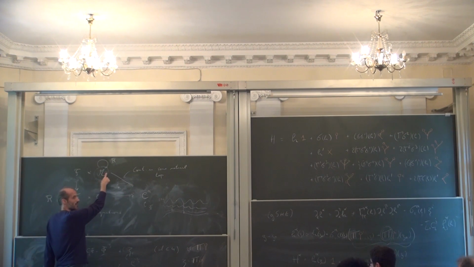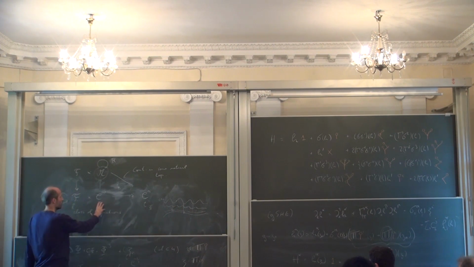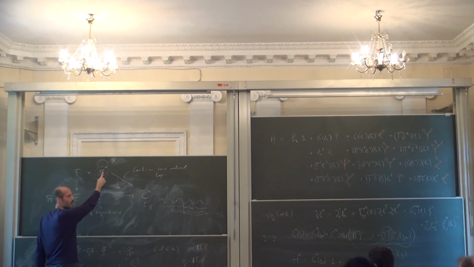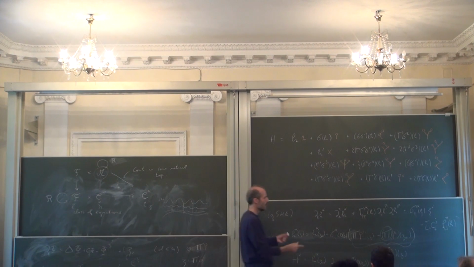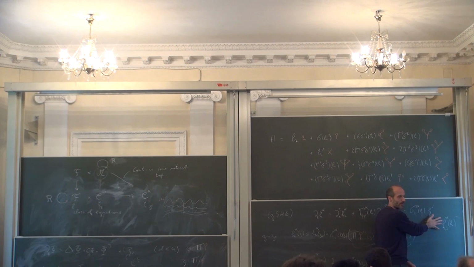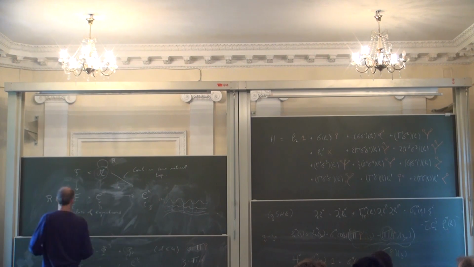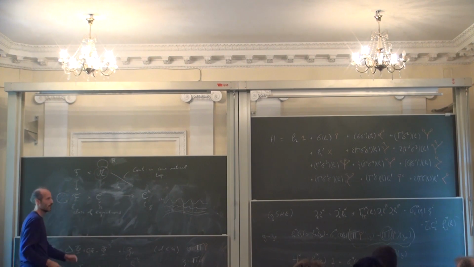The action on this space is not trivial at all. And so what you can verify in this particular case is that it's possible to renormalize things by acting just with that subgroup. And that tells you that at the level of the equation you don't need to do anything. You can forget about this. And so the problem that we had on this board, that you have a one-dimensional system of solutions, disappears.